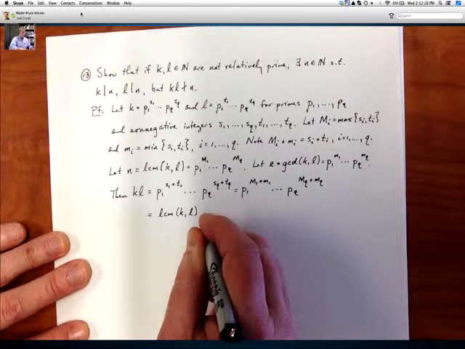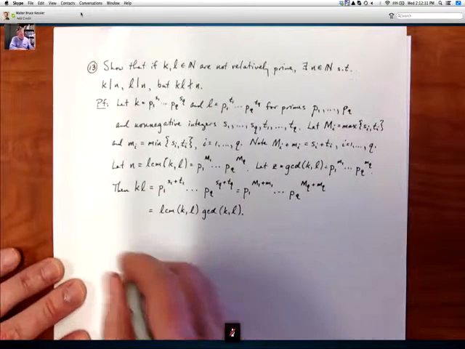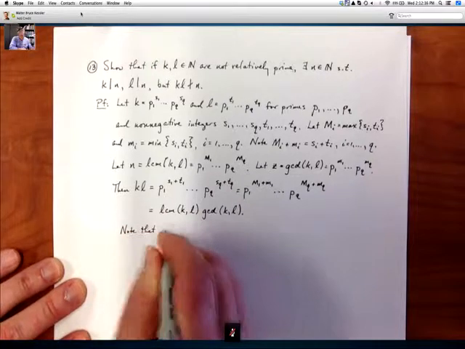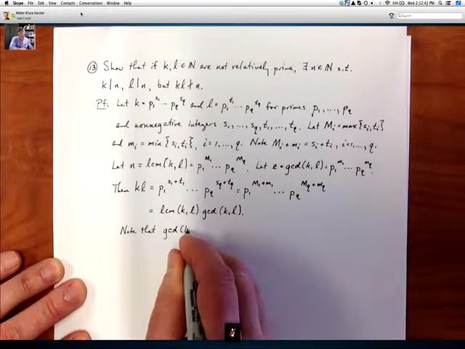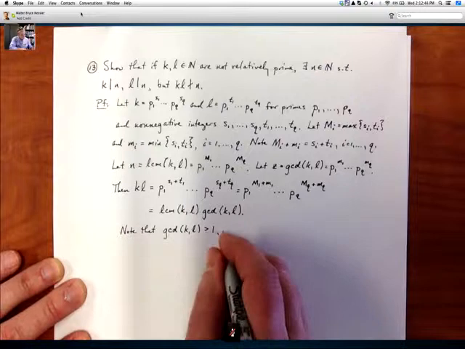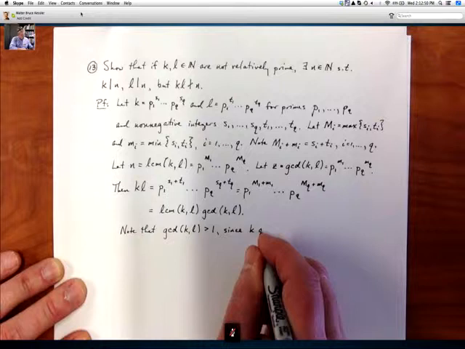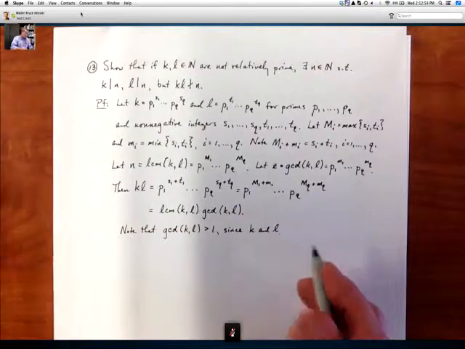Okay? Note that now, these are not relatively prime. If they were, this would be 1. Note that the greatest common divisor of k and l is greater than 1, since k and l have a common prime factor.